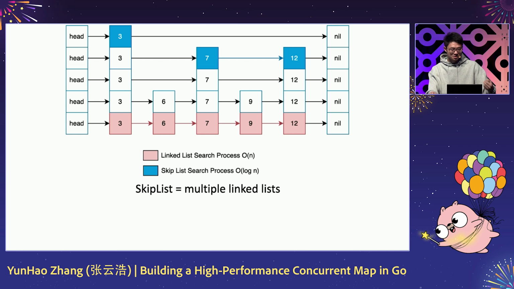Every time we insert a node, the node will randomly have several layers, and it has at least one layer. The bottom layer contains all the data, and the upper layers are used to improve search performance. This process is similar to binary search, and its average time complexity is big O log n.